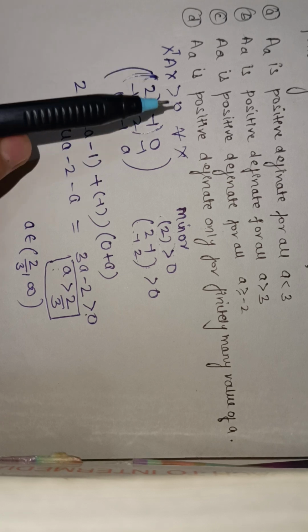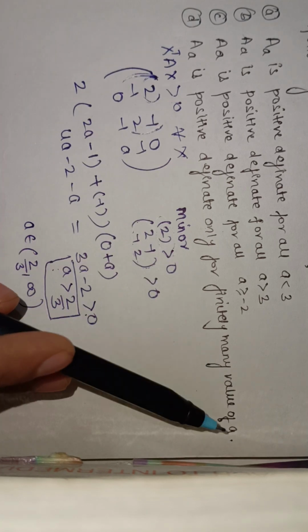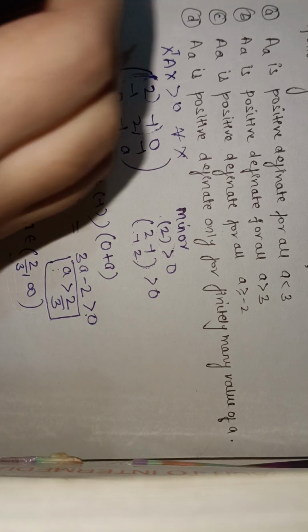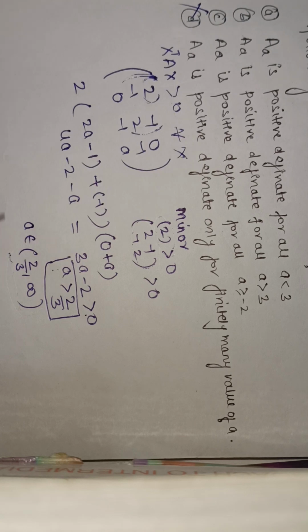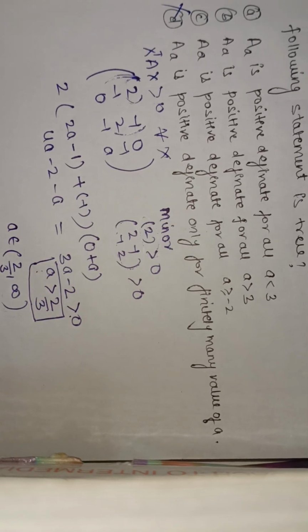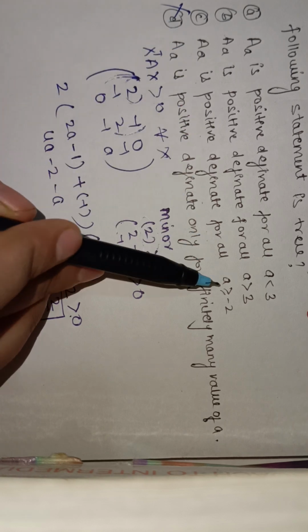Option D says A is positive definite only for finitely many values of a. We know that it is an interval, and it contains infinitely many values. So this option is incorrect. Now for option C, A is positive definite for a greater than or equal to minus 2.